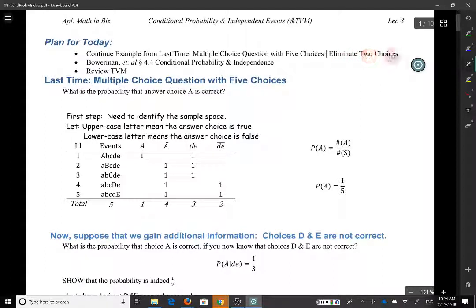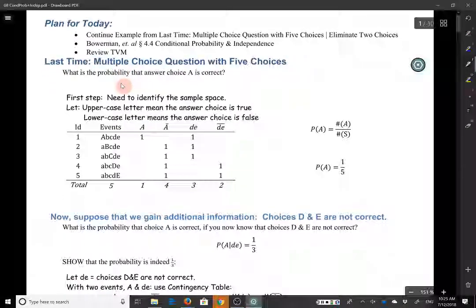The new information allows you to eliminate 2 choices, and you intuitively know what the effect of that is. But how can you prove it using the math framework?